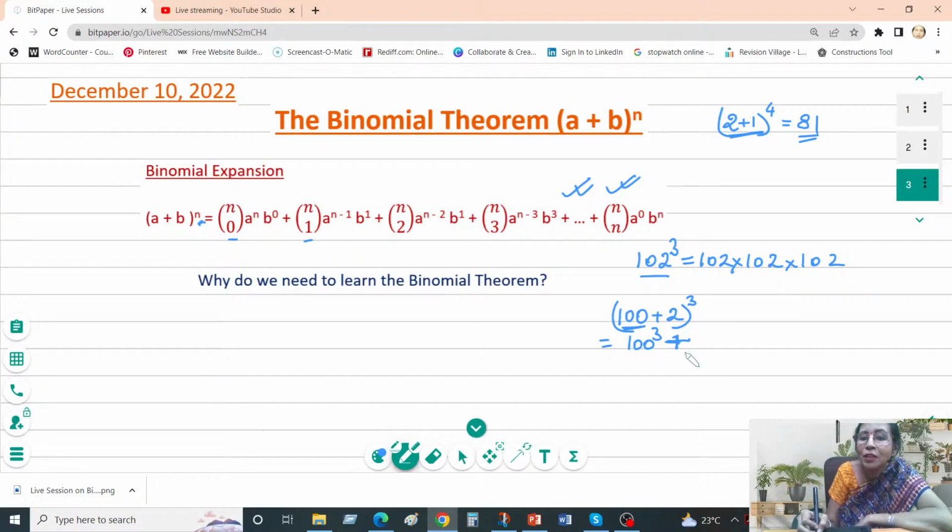The second term's coefficient is nC1, where n is equal to 3. nC1 is always equal to n, we learned this in our last session. So 3C1 is equal to 3, times 100 to the power of 2, since the power of 100 goes on decreasing, and times the b value, which is 2 in this case. So it is 2 plus, let me shift it a bit.